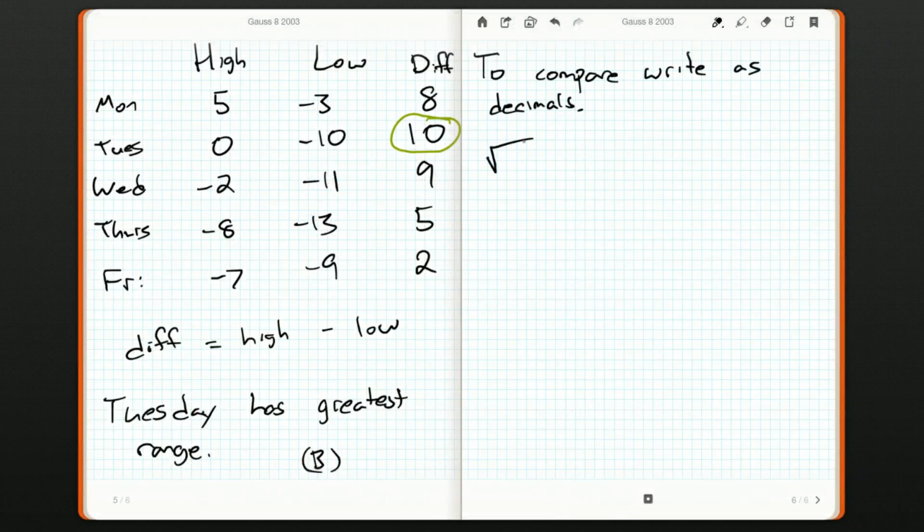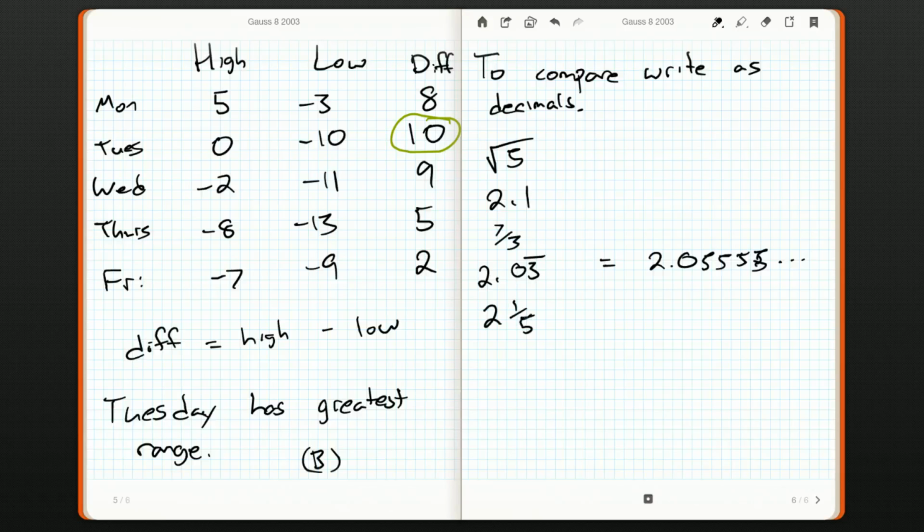Square root of 5, 2.1 is already there. 2.05 repeating, well, we can go 2.555555 and so on. We have 7/3 and what was the other one? 2 and 1/5. So this is a question I'd really recommend you have a calculator for.